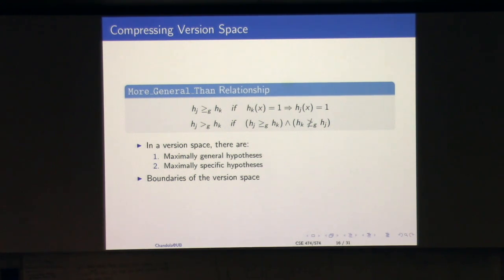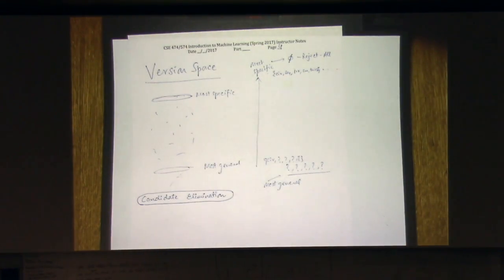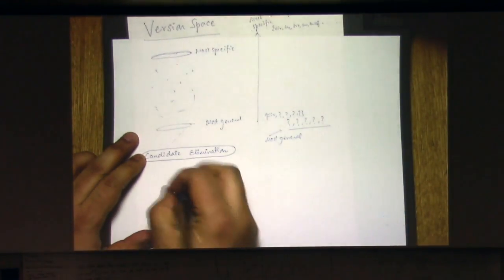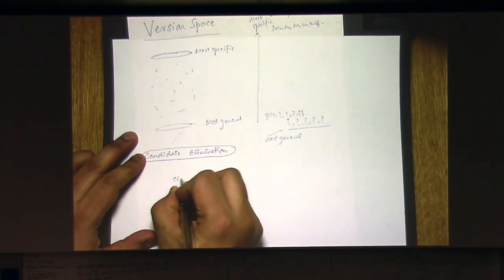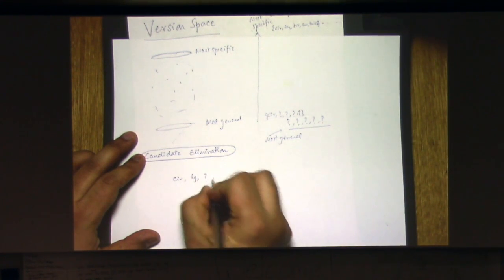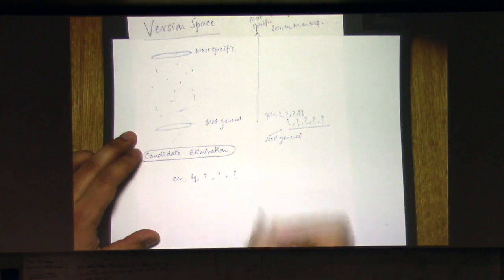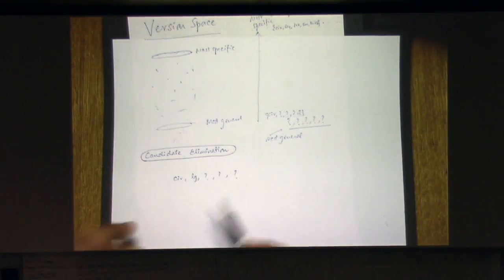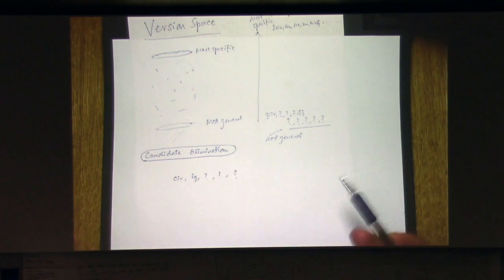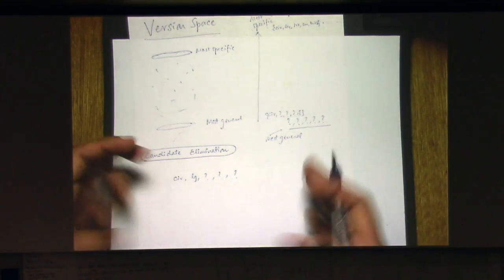There's a more general than relationship which I have written in a pretty convoluted mathematical form, but just to understand it, it has more things. If you talk about conjunctive hypotheses, let's say you have a hypothesis like this: circular, large, question mark, question mark, question mark. This hypothesis is going to call all objects which are circular and large as belonging to the concept.